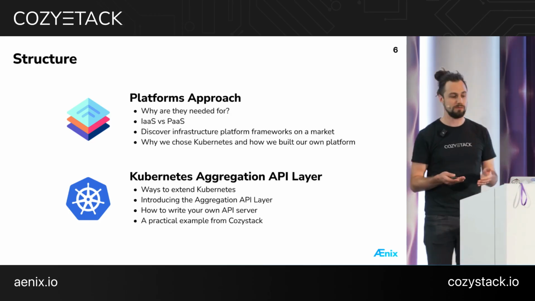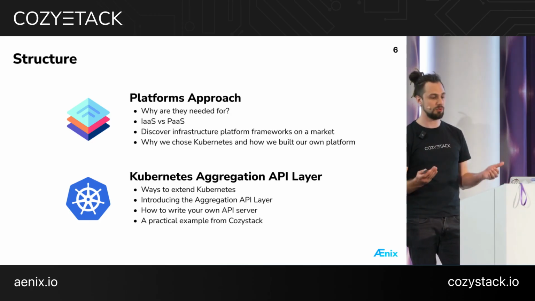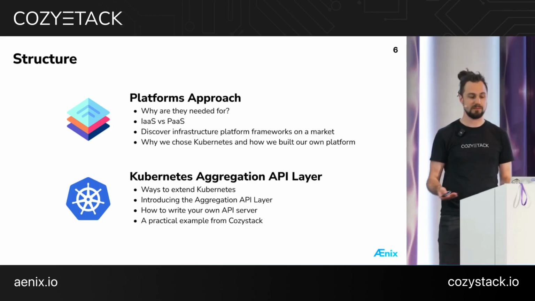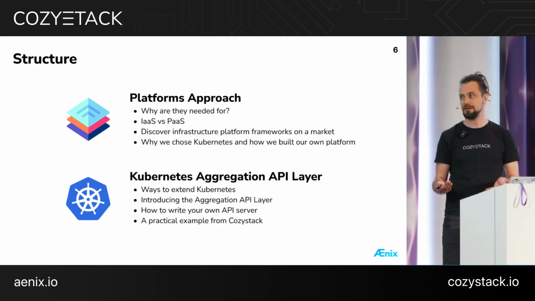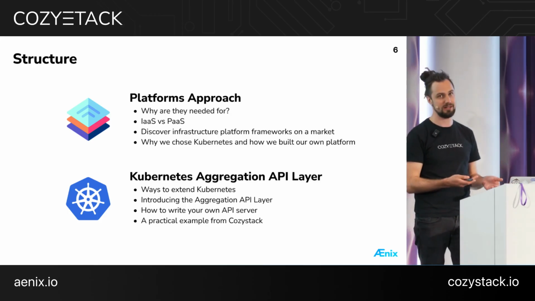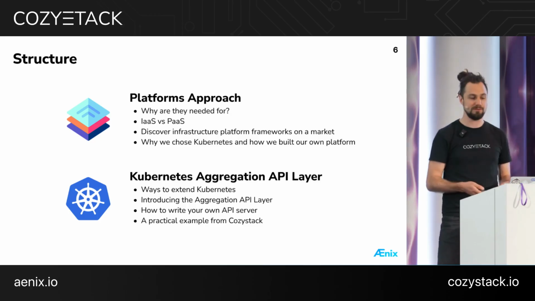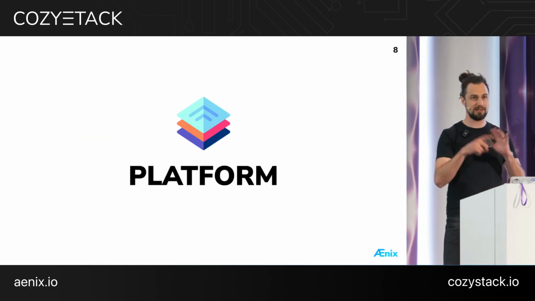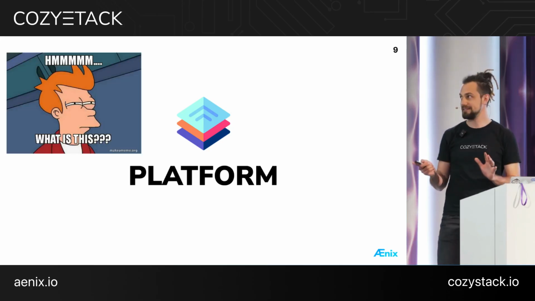That's another technology which allows you to extend Kubernetes. I'll explain how it works, the various options to extend Kubernetes, and how we use that in the real world. So let's start with the platform approach and let's talk about what a platform is.